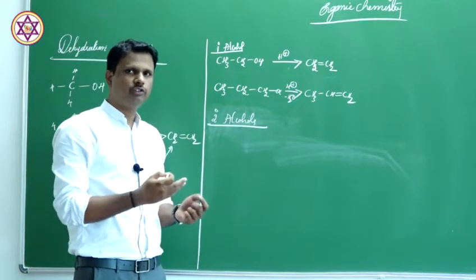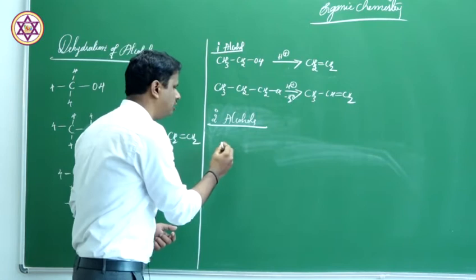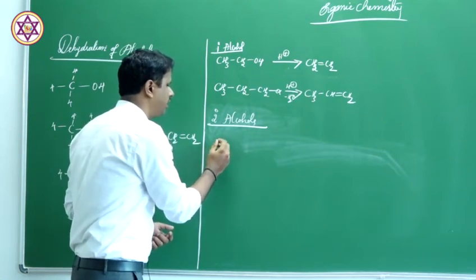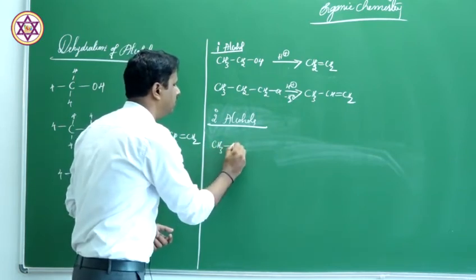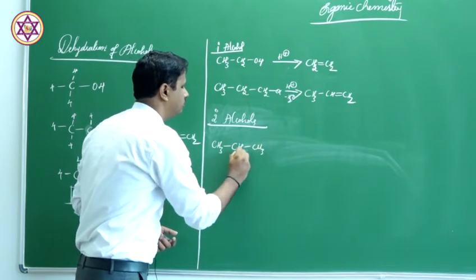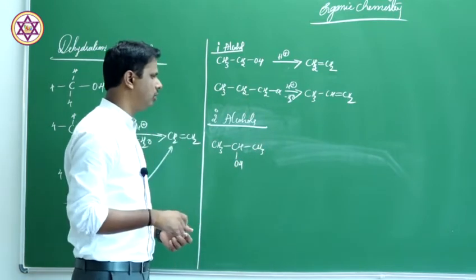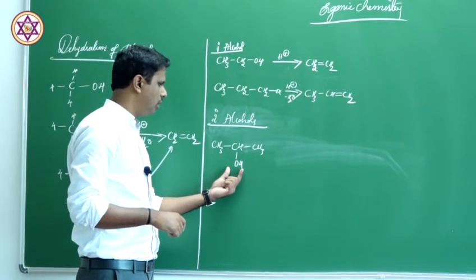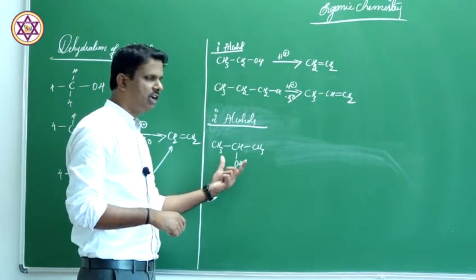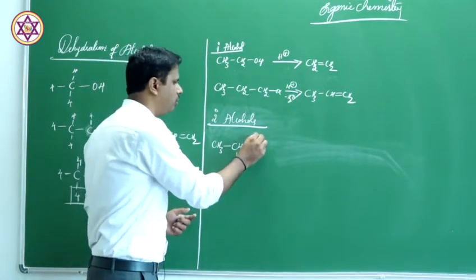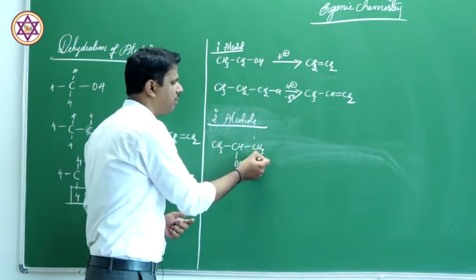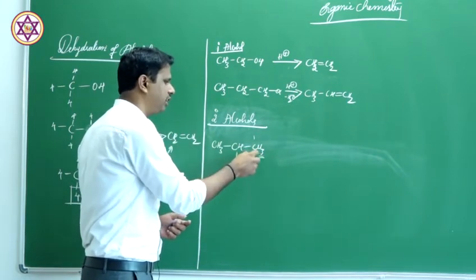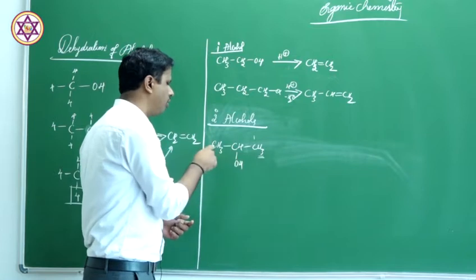In secondary alcohols, the hydroxyl group is attached to a secondary carbon atom. The example would be isopropyl alcohol. If this isopropyl alcohol has to undergo dehydration, there are two possibilities: the hydrogen can be eliminated from this carbon or from this carbon.